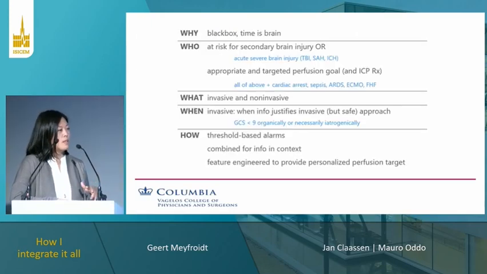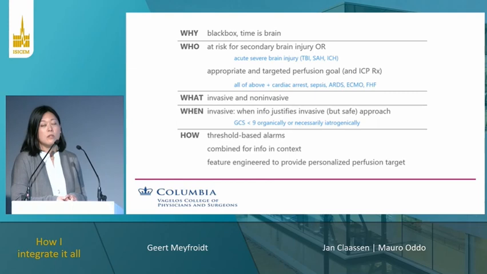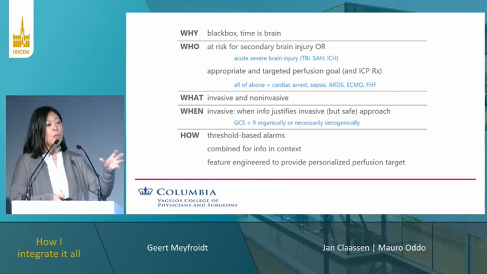So far, we've really talked about the background of individual modalities. We all know why we're interested in neuromonitoring. These are patients with a very fragile black box, where time is brain, where time matters to detect secondary brain injury. We're interested in not just the single stream, and thresholds certainly can be helpful from an alarm setting standpoint.